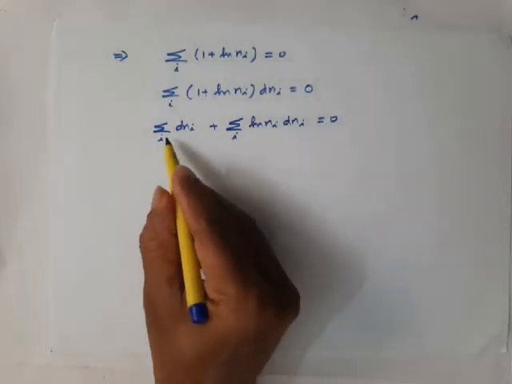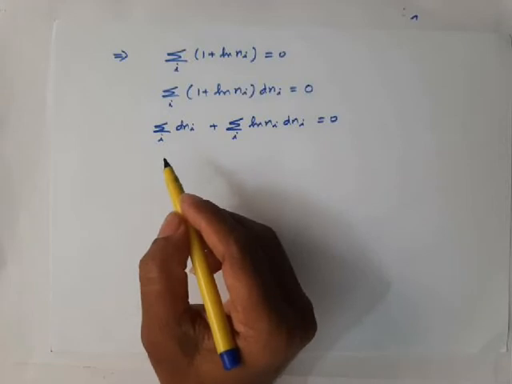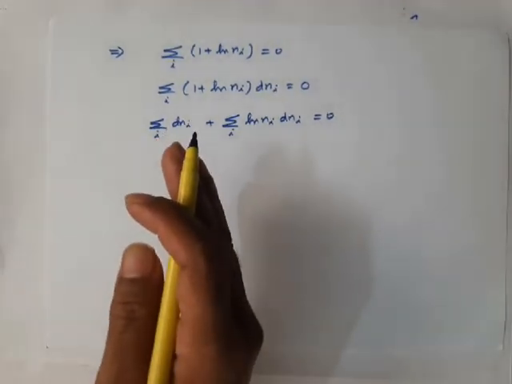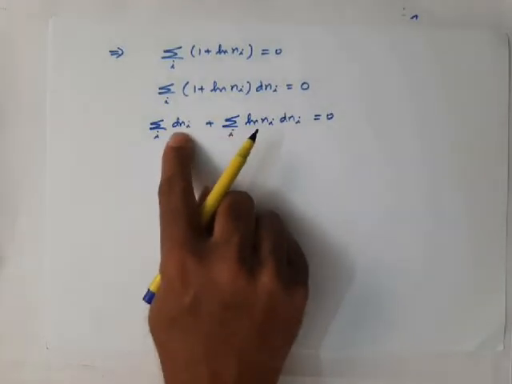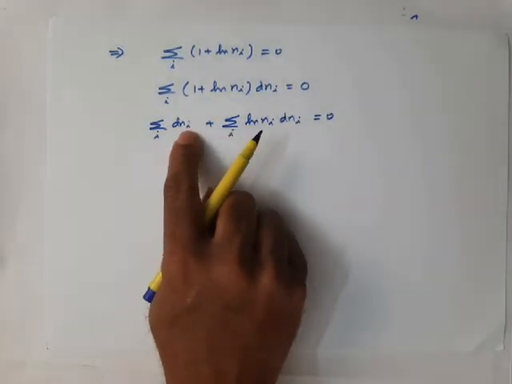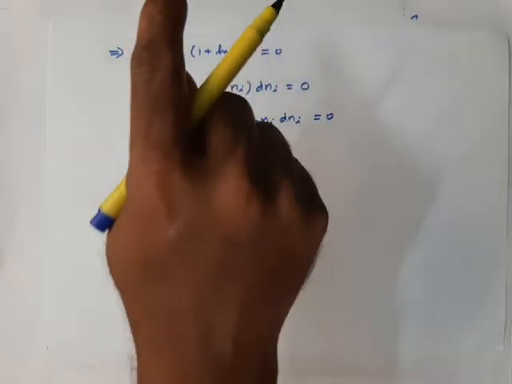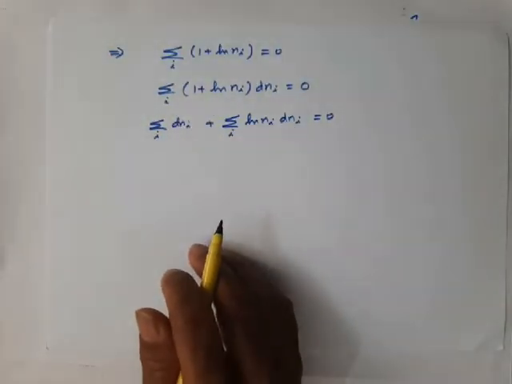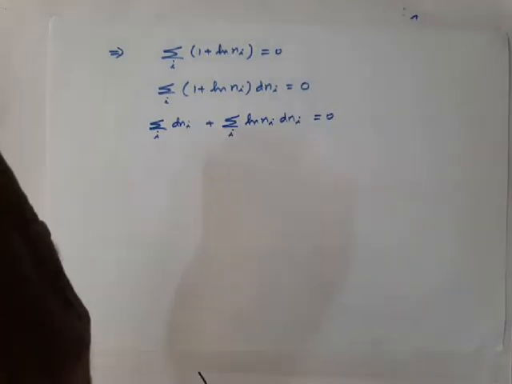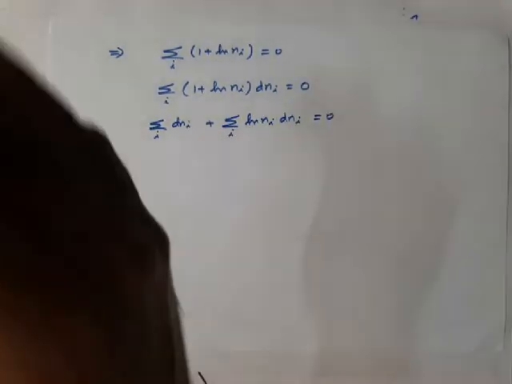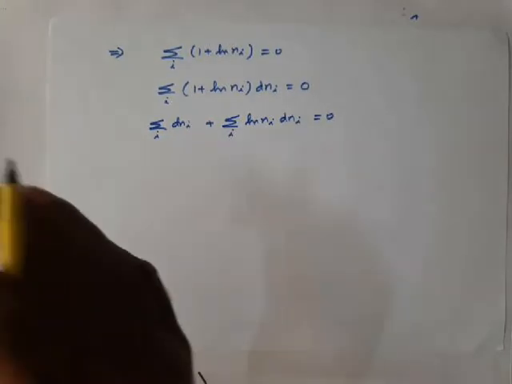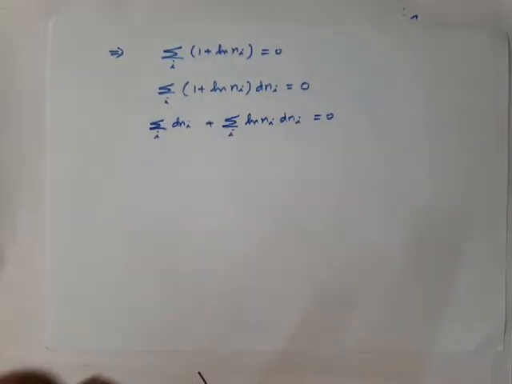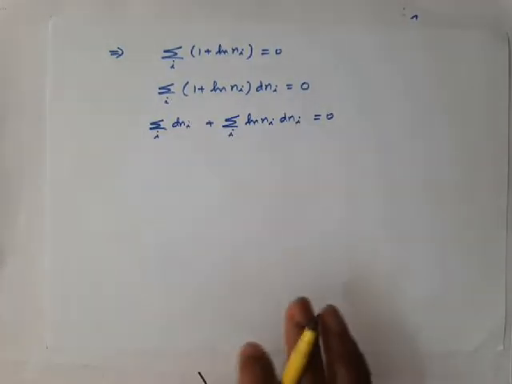What is summation dni? Listen, the change in population in the ith level, and the change in the population in the next level, the jth level, for example. If you sum up the change in all the levels, the total change should be equal to 0 because the total number of particles is constant.